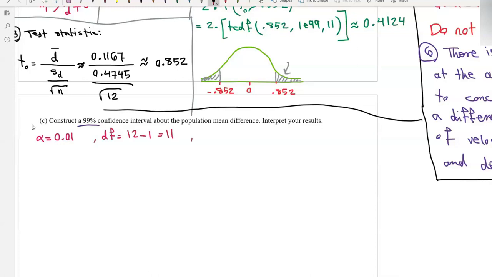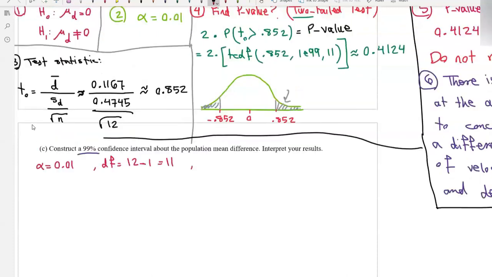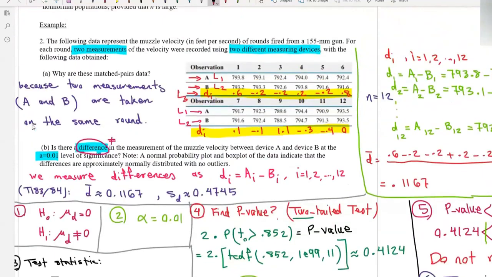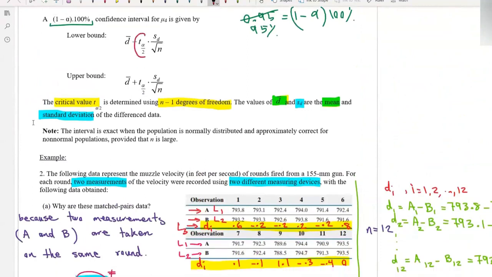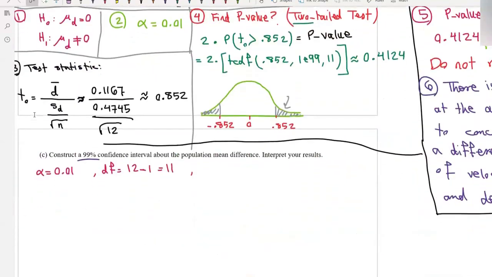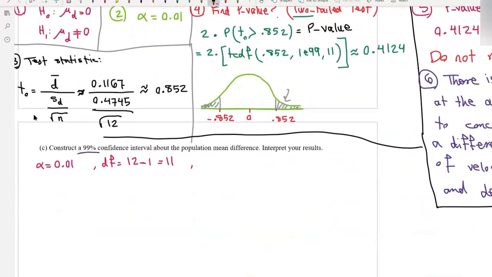We have to find t because we want to find lower bound and upper bound. First we have to find this critical value t. So alpha divided by 2 is 1% divided by 2, that is 0.005.